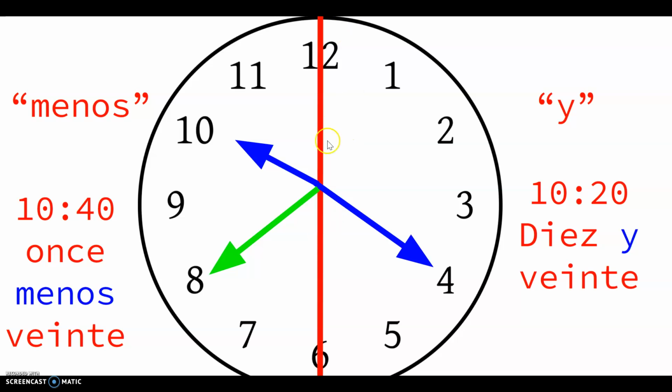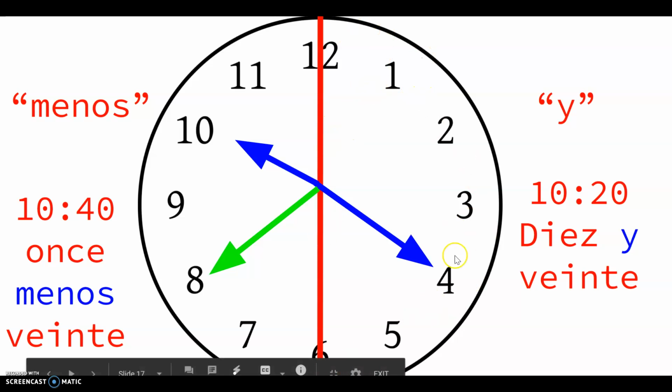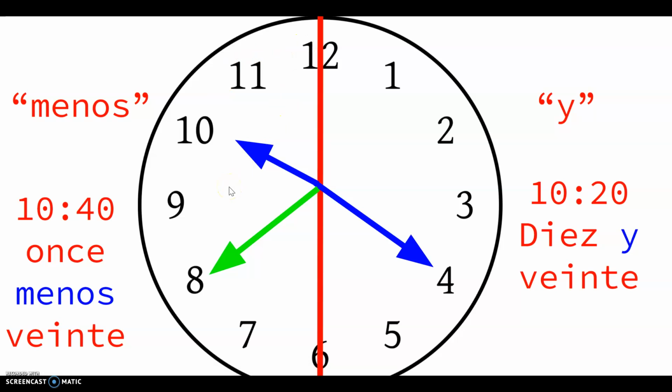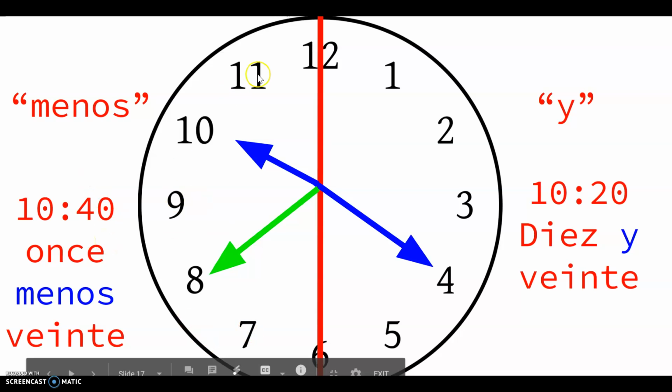So 0 through 30, you use y for the minutes, and on this side, you use menos to express the minutes and subtract from the next hour. It's not to say that you couldn't say son las 10:40, that's okay, but it's more common to use menos by rounding up to the next hour.